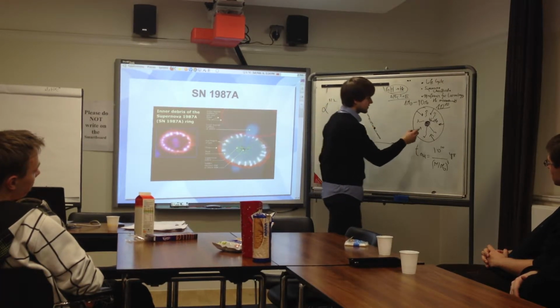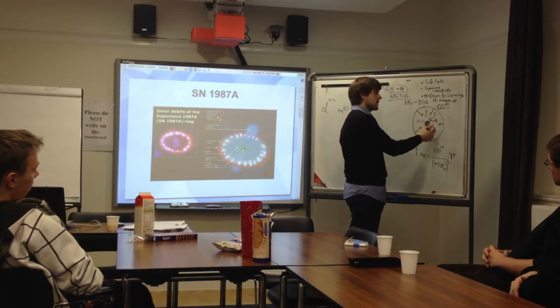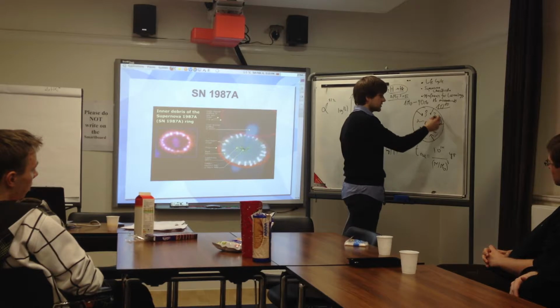And then as it runs out of all the hydrogen in the core that it has been burning, suddenly the core undergoes collapse, and it doesn't have any support anymore against the collapse of those parts that are surrounding it.